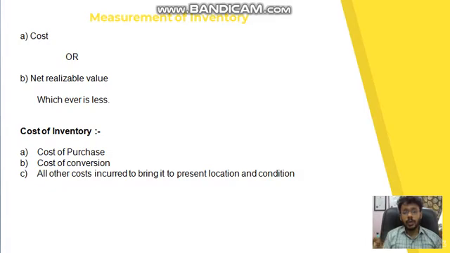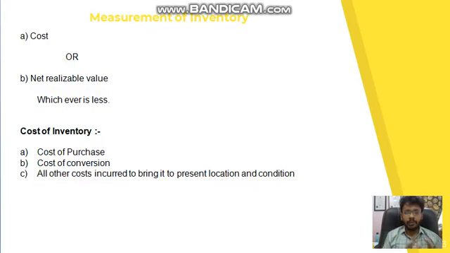So here three things play a very crucial role. Cost of purchase of raw material, cost of conversion, that is converting those raw materials into finished form or into a semi-finished state. And the third one is other costs that have been incurred to bring them into the existing condition and location.